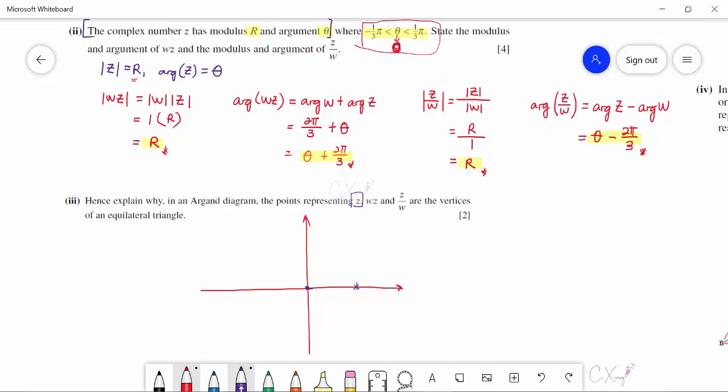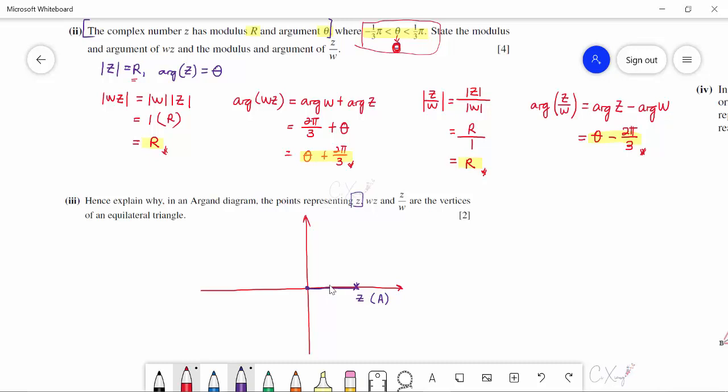Theta equals 0 means that it will be on the x-axis. So this is the point Z, and I will represent it by the letter A. I assume that this length is R and that theta is 0, so that later when I want to draw other things, it will be easier.